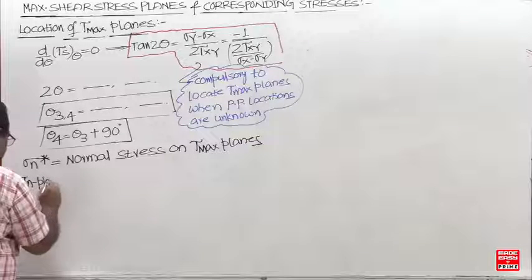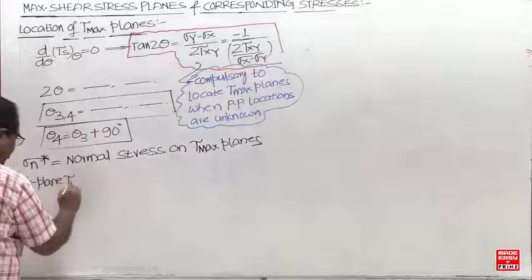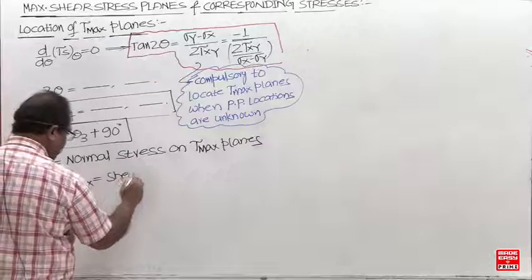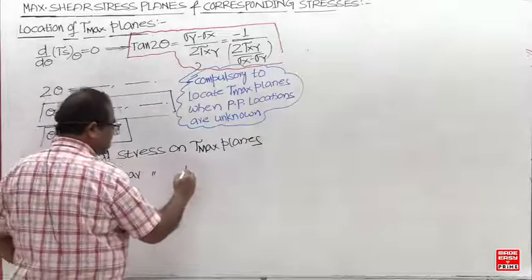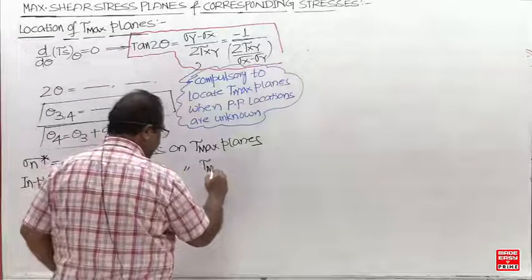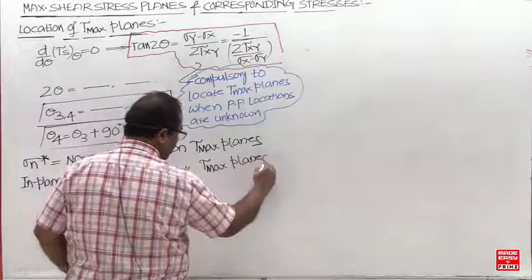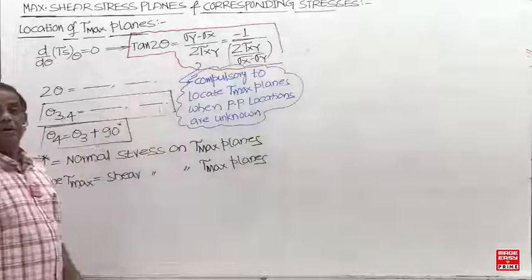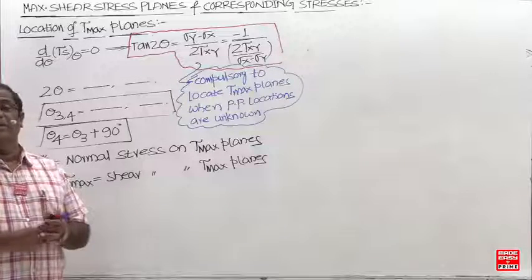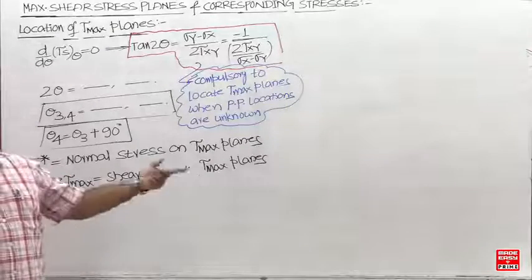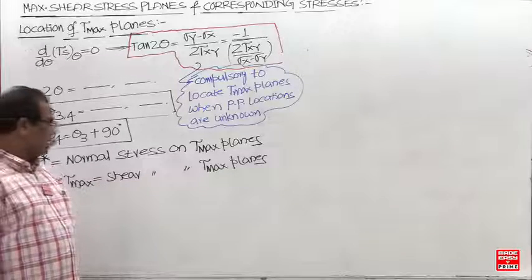In-plane tau max: shear stress on tau max planes. These planes are important with respect to which material component? Ductile material components. Principal planes are important with respect to brittle material components.